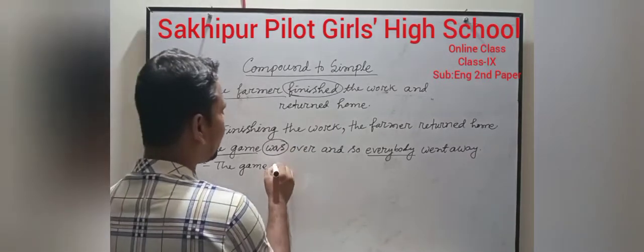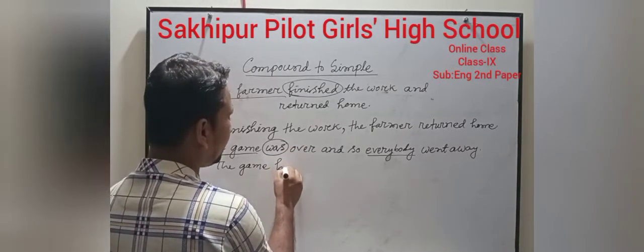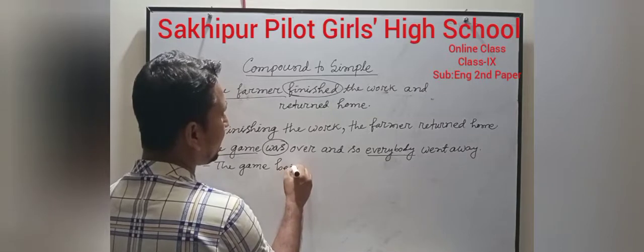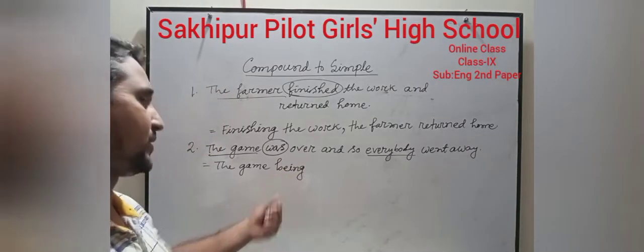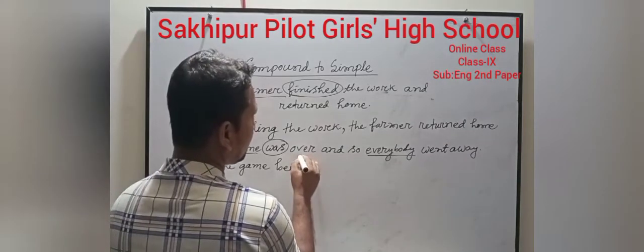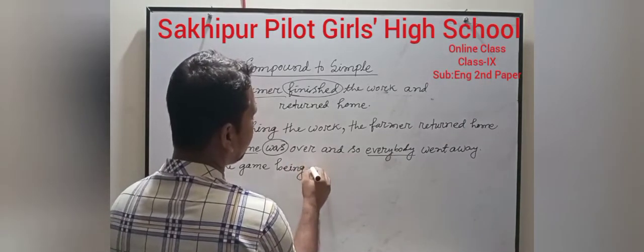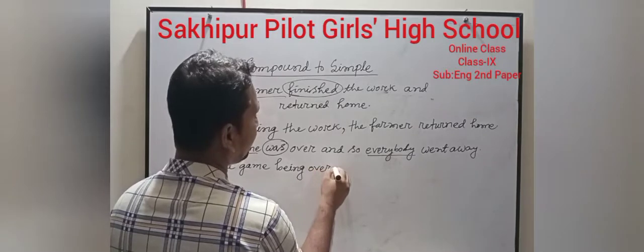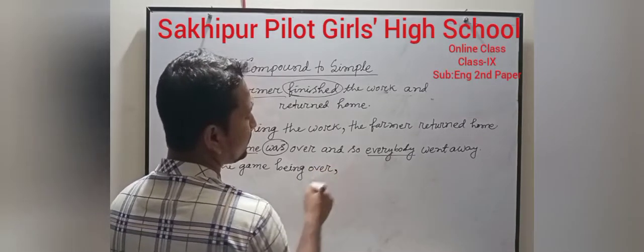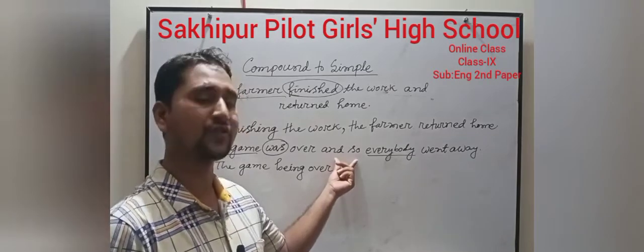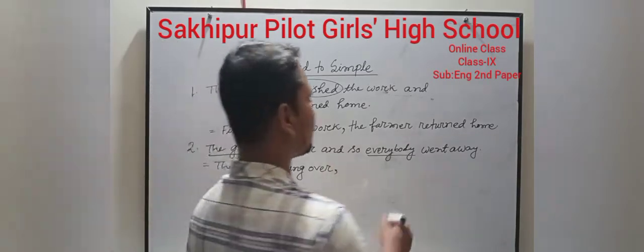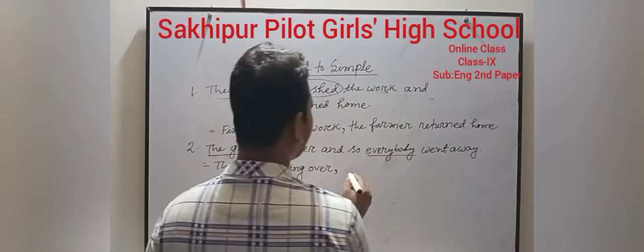That means the base form of the verb be, and you add ing with the base form. It will be a participle. Then the rest of the part of the clause. Then you have to use a comma instead of and so. And the second clause, everybody went away, will not be changed.